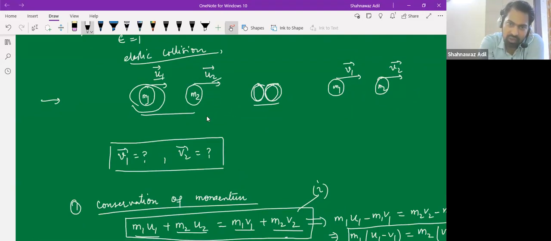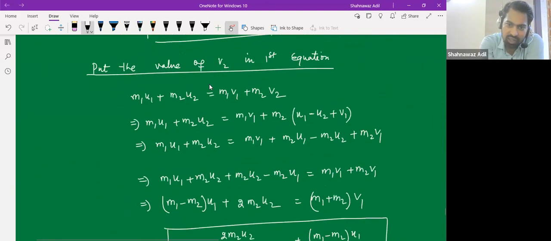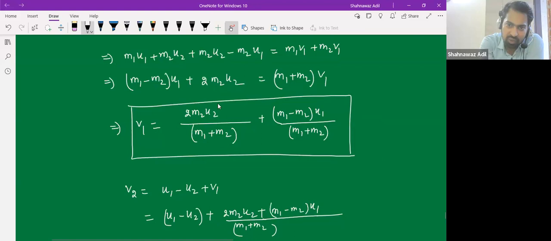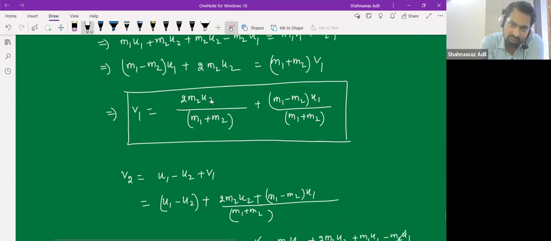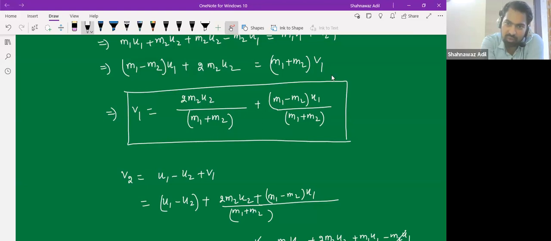If U2 is at rest, then what will we get in here? If U2 is 0, then what would be V1?